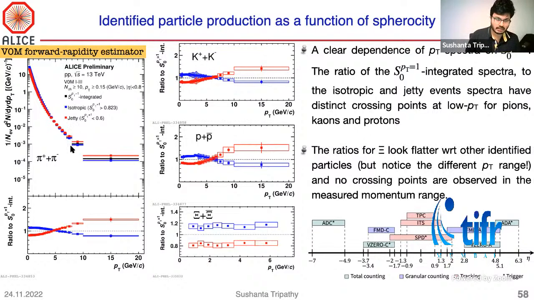As I said earlier, we already have the charged particle selection. Then we are looking at the transverse spherocity. For the charged particle multiplicity estimation, we use first the V0M estimator. Here, these are the plots of the pT spectra for pion, kaon, proton, and phi. And you see that in the ratio, these red markers are for jetty events.